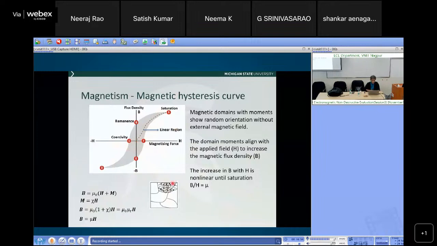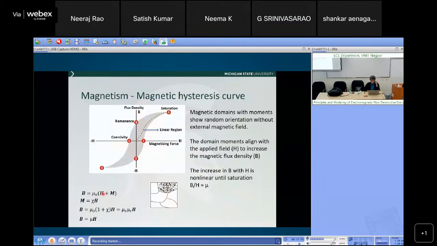If you look at any magnetic material, you have these domains, and each of the domains has its own magnetic moment, which are randomly oriented. Then when you apply the field, they all try to align with the magnetic field. So they become parallel. So that's what happens in the flux density.